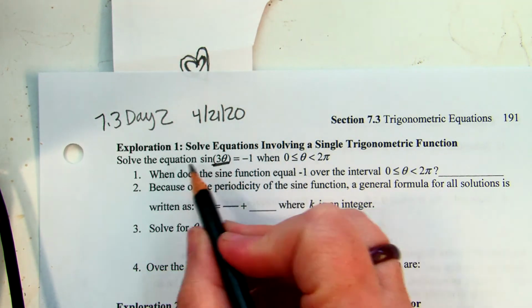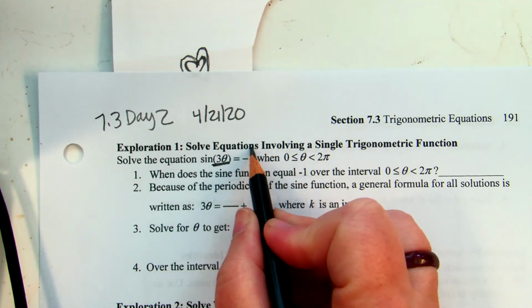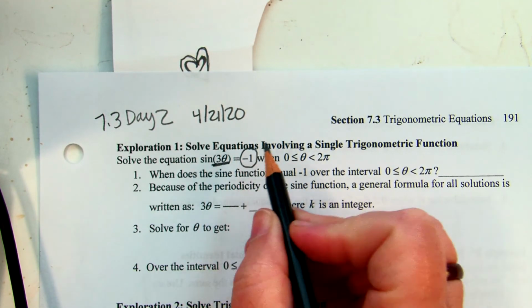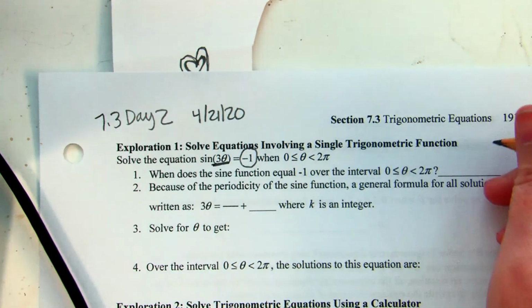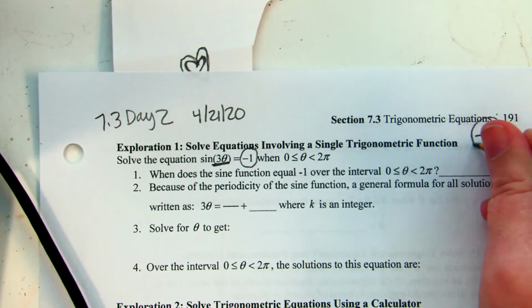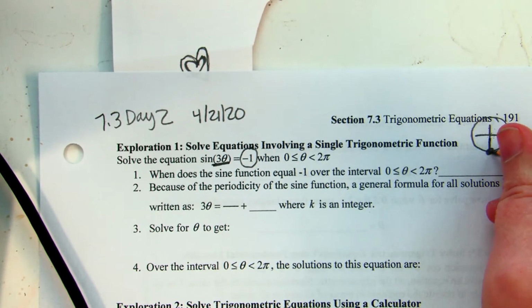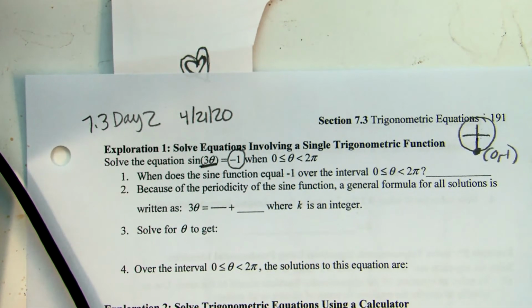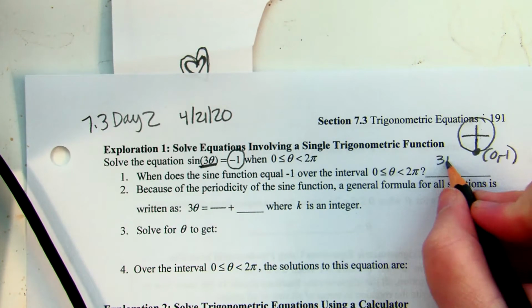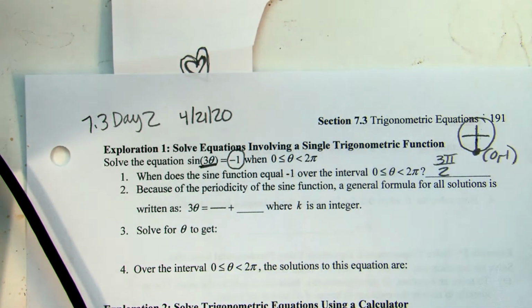So it says, solve the equation sine theta equals -1. If you think about the unit circle, sine is -1 down here. What angle is that in radians? 3 pi over 2, 270 degrees.